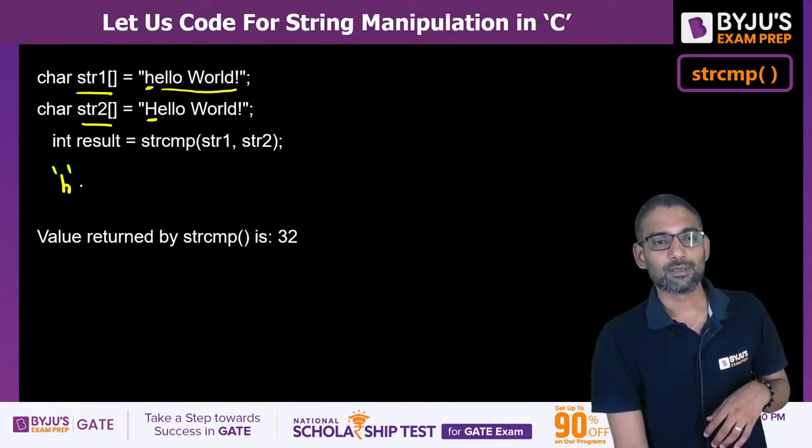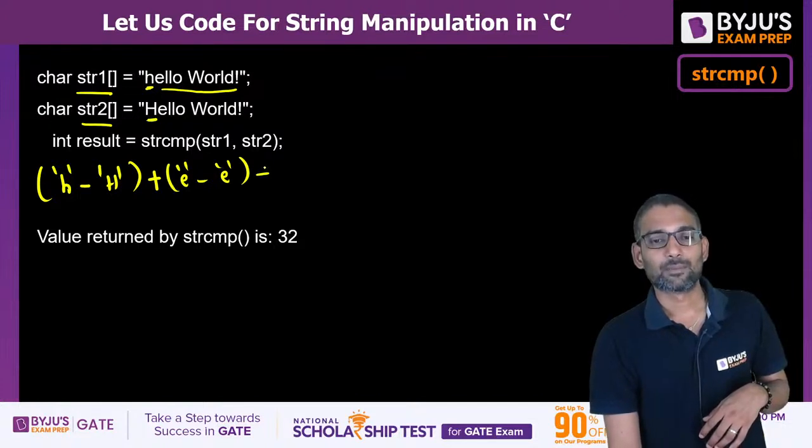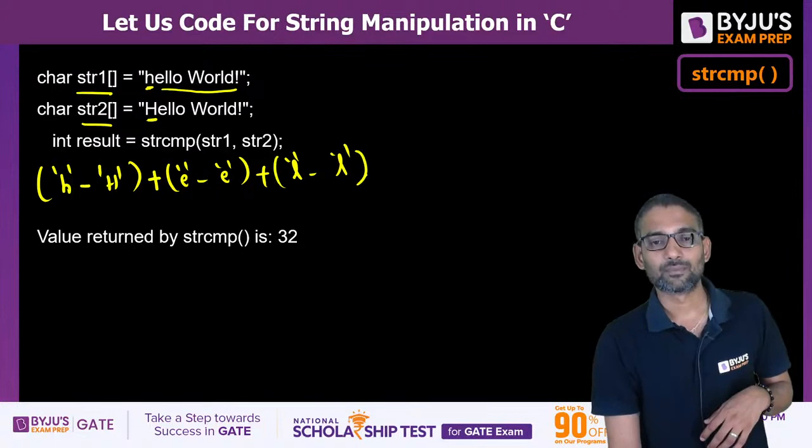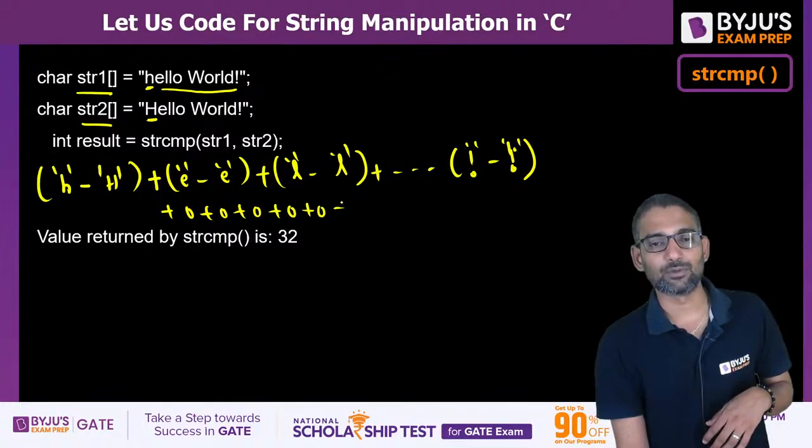Small h minus capital H plus small e minus small e plus small l minus small l plus so on to exclamatory minus exclamatory. We know all are the same, so we will be getting 0.